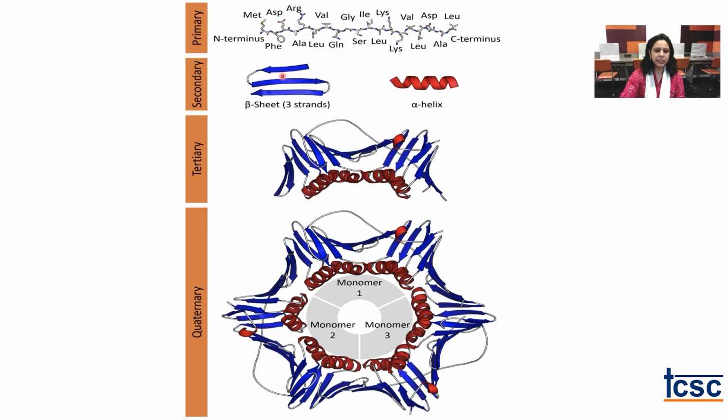These alpha helices and beta sheets will then combine to give us the tertiary structure. Finally, the tertiary structures of many polypeptides will come together to give us the final protein, if it is a multimeric protein. Here we can see that three monomeric units are coming together and associating with each other to give us the quaternary structure of the protein.